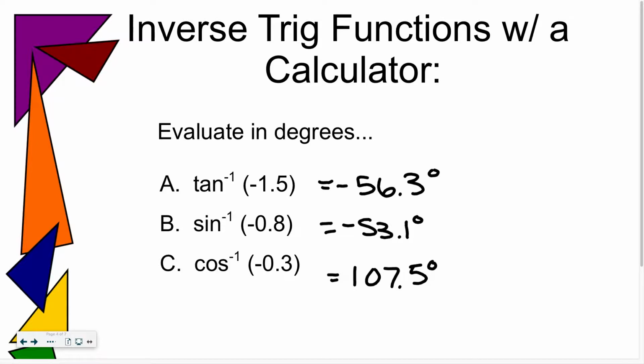So now my ratio is written in decimal form instead of fraction form. That's negative 56.3. Are you doing inverse cosine for number 4? Oh, okay, yeah, that'll give you a different answer.